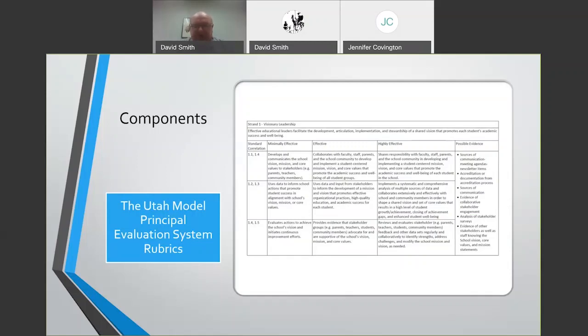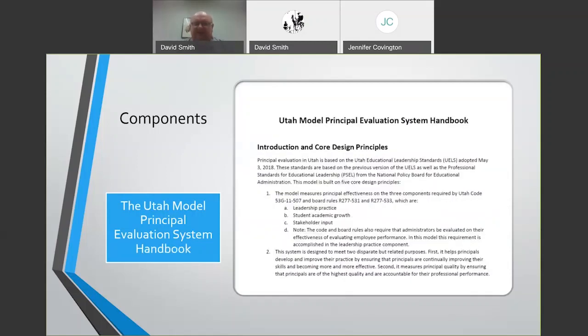The third component is the Utah Model Principal Evaluation System Handbook, which is also available on that page that we talked about earlier. It describes the reasons why we've done what we've done and what principles we've followed. It talks about how to do the 3 different parts of administrator evaluation.